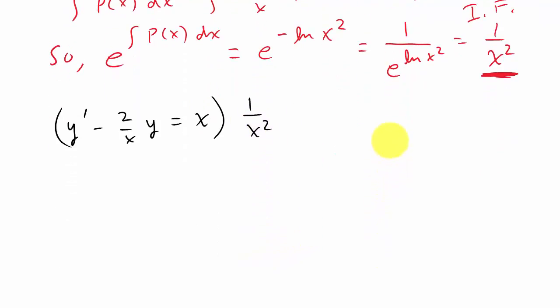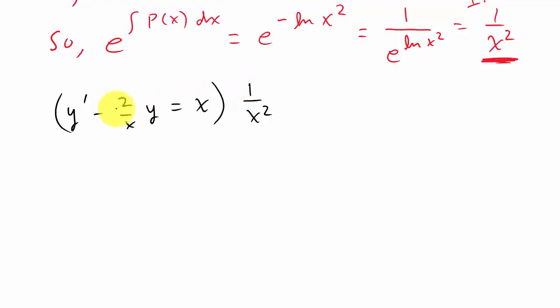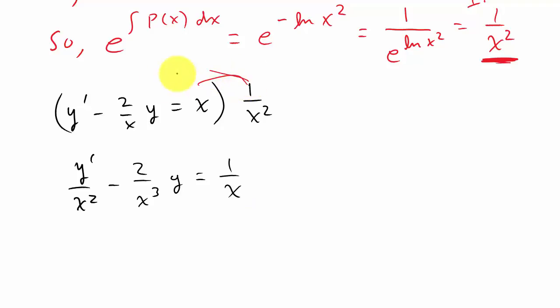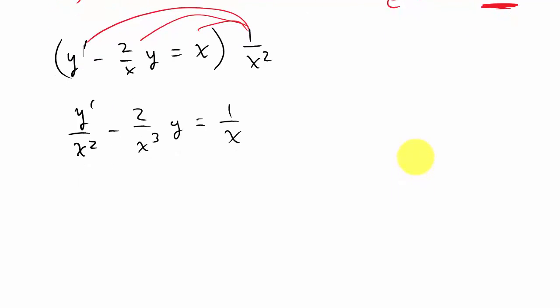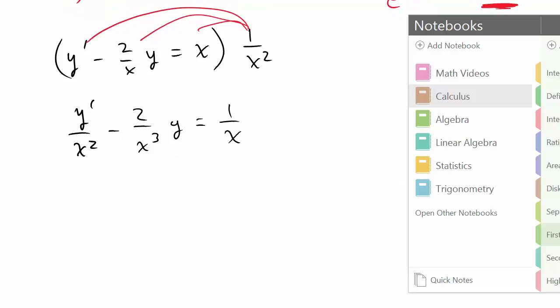So when I distribute this, I get y prime over x squared minus 2 over x cubed y equals 1 over x. That's what I get when I distribute it to each term. Now let's look at the next step.